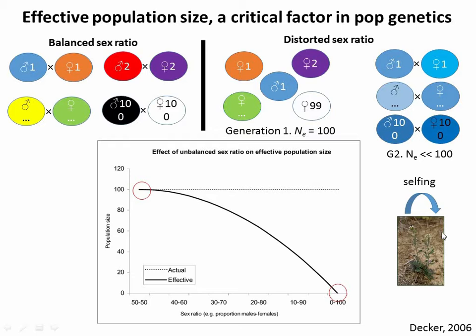And why again? Because we are approaching something very close to the selfing situation, because all the individuals are more and more related generation after generation, because one of the parents, the male in this case, gave rise to the whole generation.